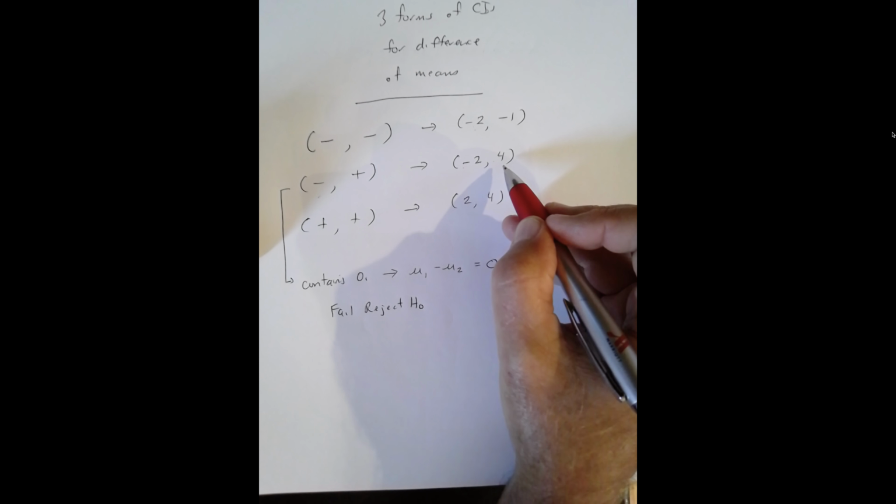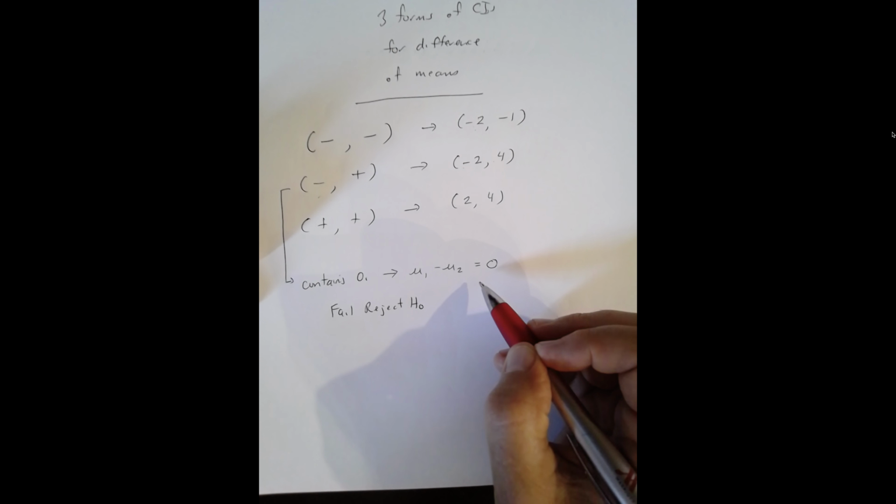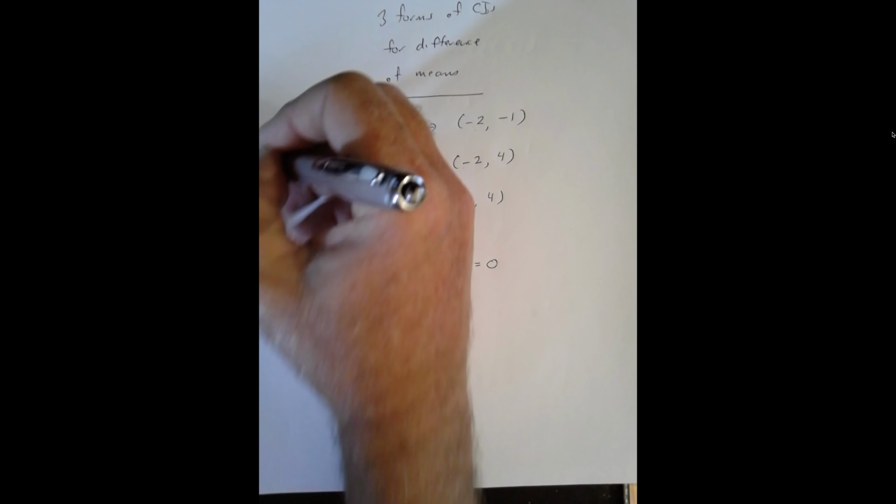Why? There's a 0.95 probability that this interval contains the difference in mu1 and mu2. Well, if that interval contains 0, then at a 0.95 probability, we conclude that the difference in the population means is equal to 0.